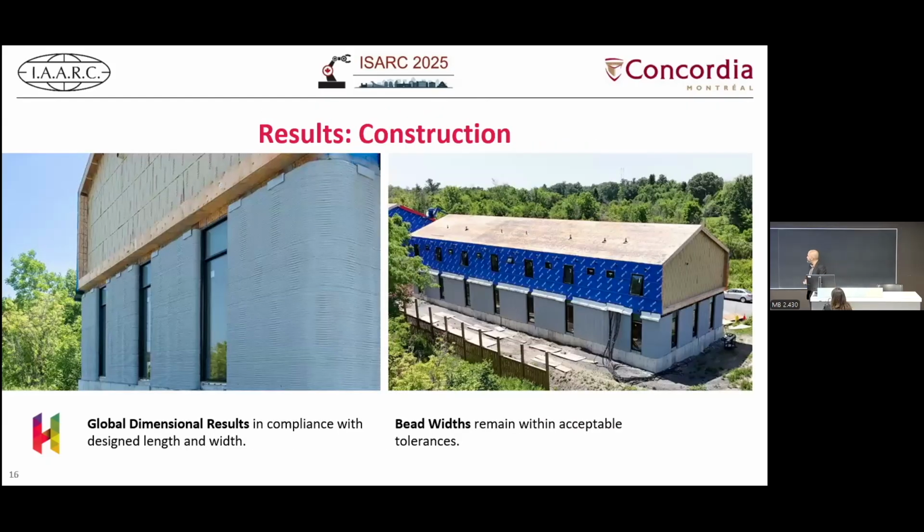In terms of construction tolerances, in the global dimension results we are within 15 millimeters. And the build width is between 5 and 15 also, but taking into account the dripping pattern, which is kind of a free fall. So I think we are pretty good on that.